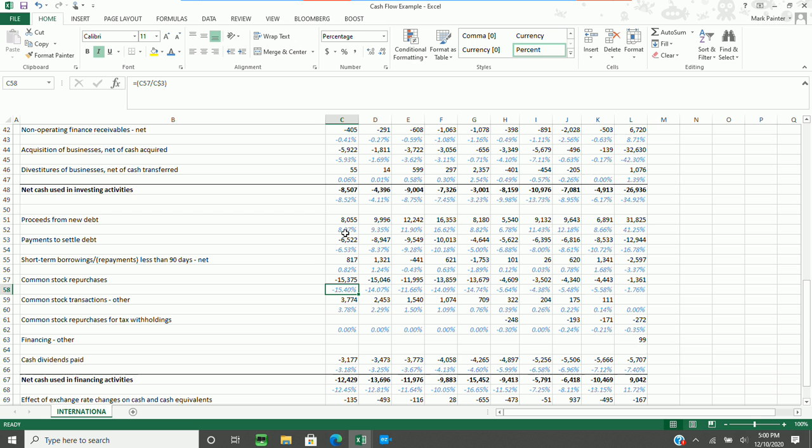So you can see back in 2010, 11, 12, 13, 2014, for several years, they bought back a lot of shares. They used a lot of cash to buy back shares. And then they really dropped down. They don't really buy back that many shares anymore over the last several years. It goes to show you, okay, well, maybe their business is not doing as well, which we noticed from net income.